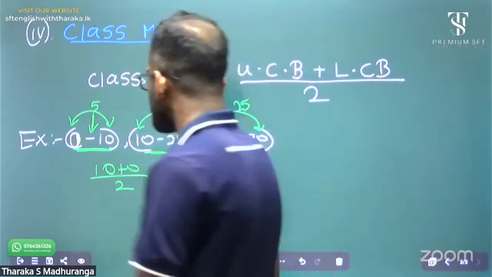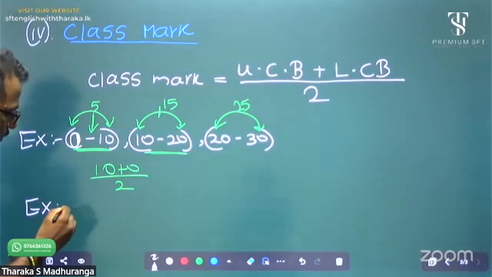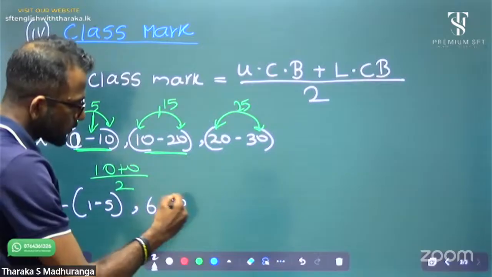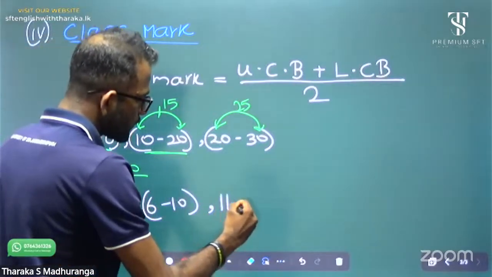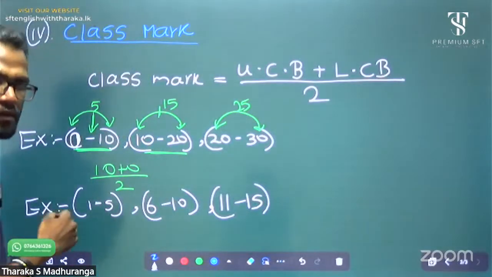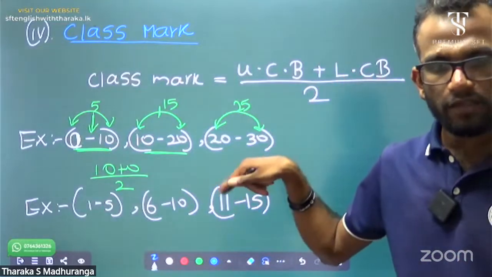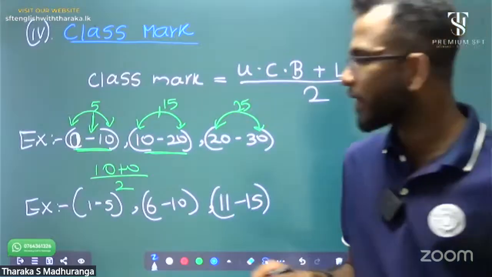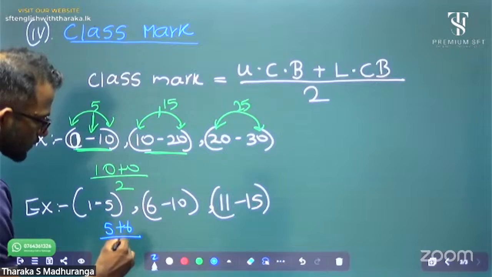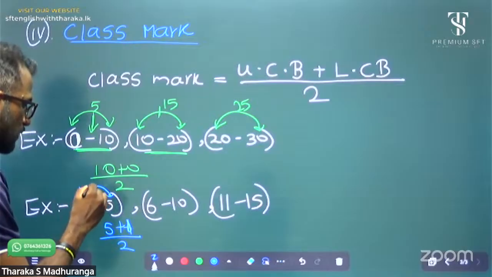Okay, let's take another one, a discrete one. 1 to 5, 6 to 10, 11 to 15. Okay, what's the class mark? 5 plus 1, it is 6. 6 divided by 2, 3.